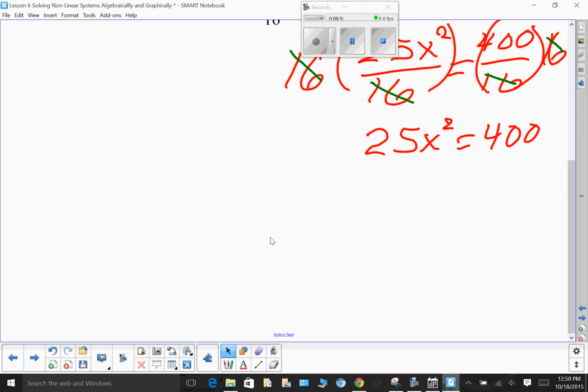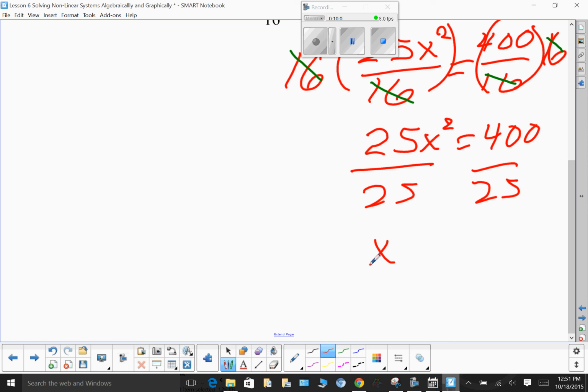Now, what do I have to do? Well, I've got to divide both sides by 25. X squared is equal to 400 over 25.